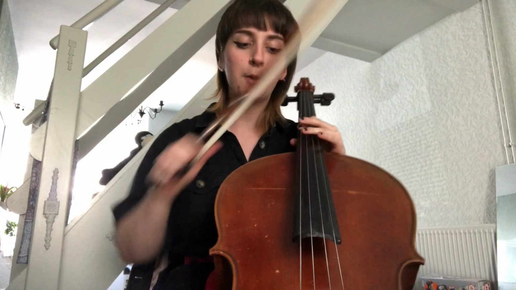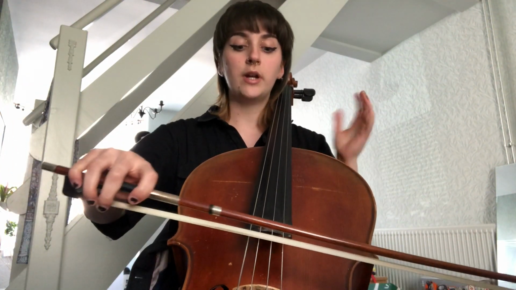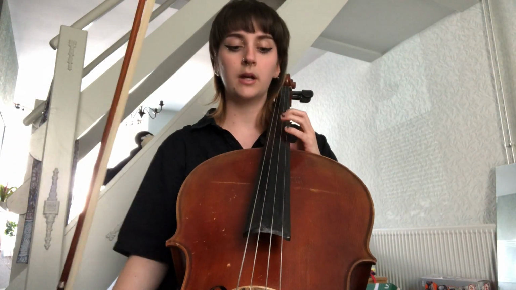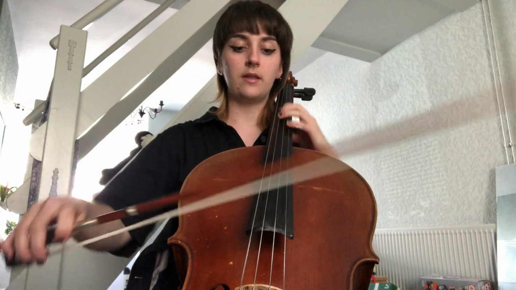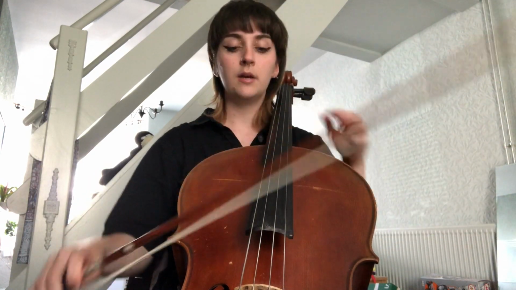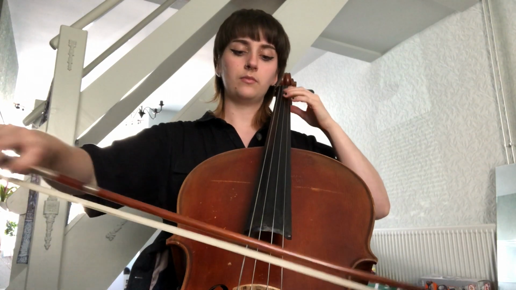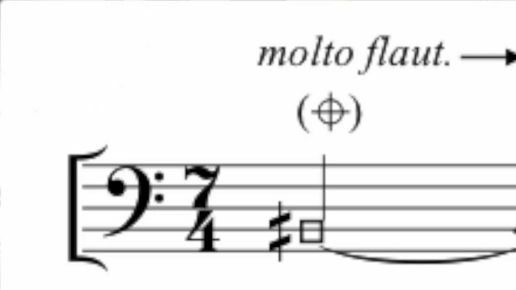Bow speed and bow pressure is also a big part of tone production, as well as just if you want to get certain noises out of the cello. We've already talked about flautando, which is fast bowing. If you pair this with a harmonic fingering, but not an artificial harmonic, just a light finger pressure, you get a really cool air sound, and this is called Rauschen.